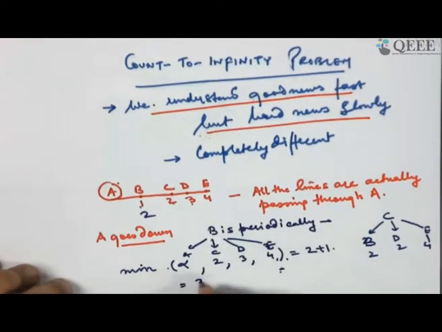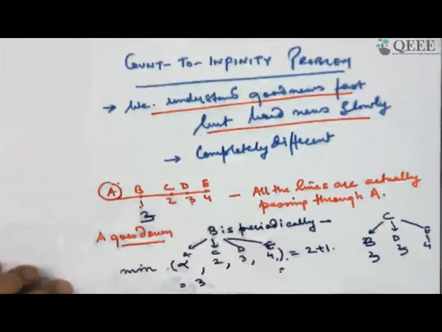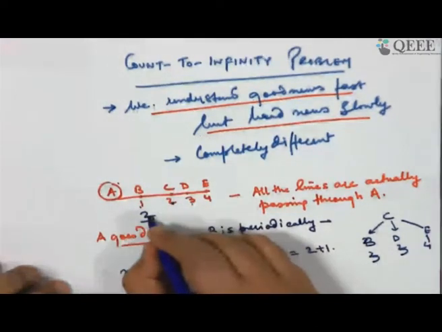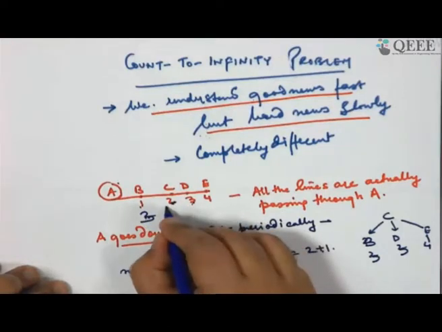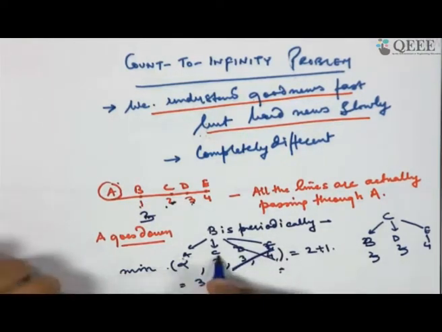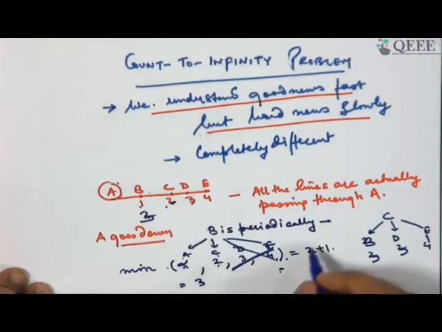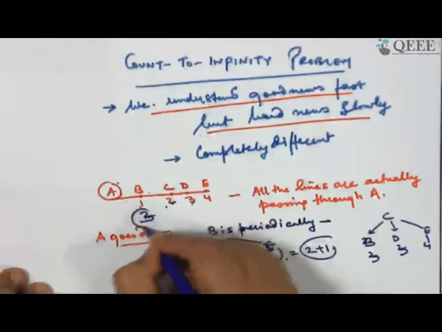I am sorry, you will not get this 2. B has just 2 neighbors, A and C. A is giving infinity and C is giving 2. So, B will be the minimum of infinity, 2 plus 1. So, that is 3. So, here I have put 3.